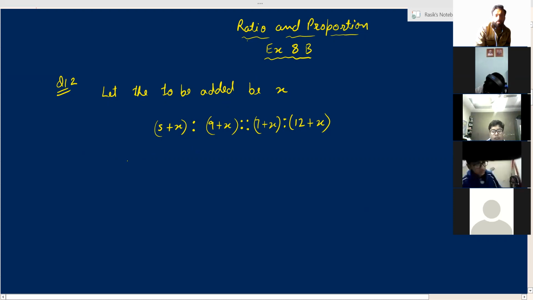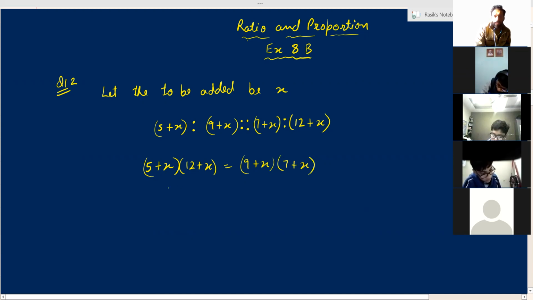So let's use the formula: product of extremes equals product of means. We can say that 5 plus x into 12 plus x is equal to 9 plus x into 7 plus x.